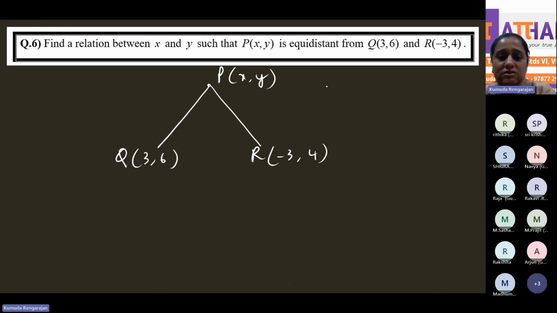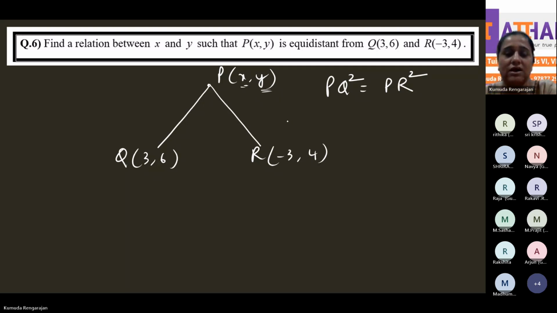So the condition is PQ is equal to PR, or PQ square is equal to PR square. Since we have X and Y, you will get a condition in X and Y, and that is the required relation.